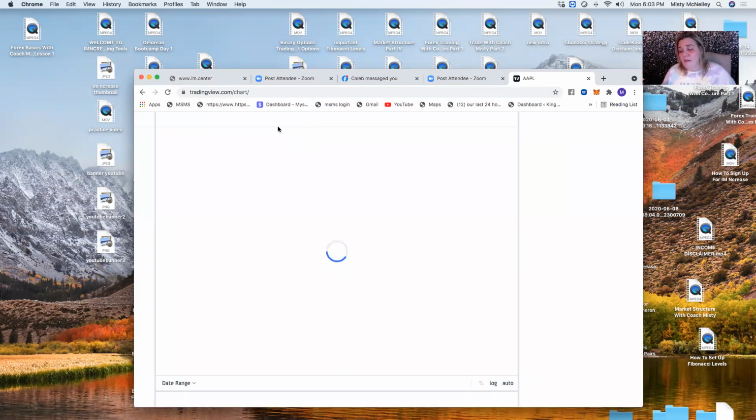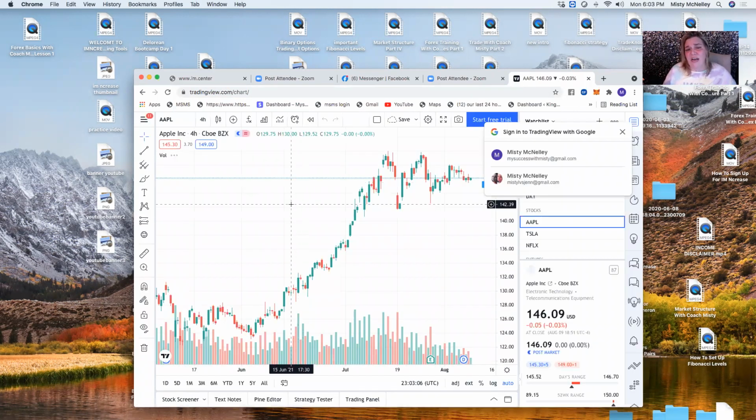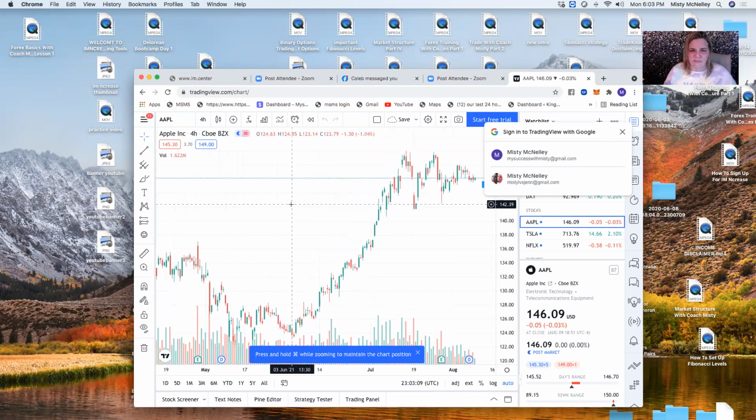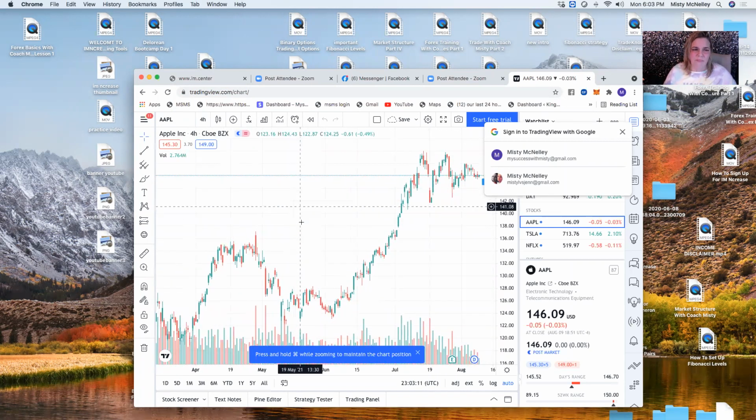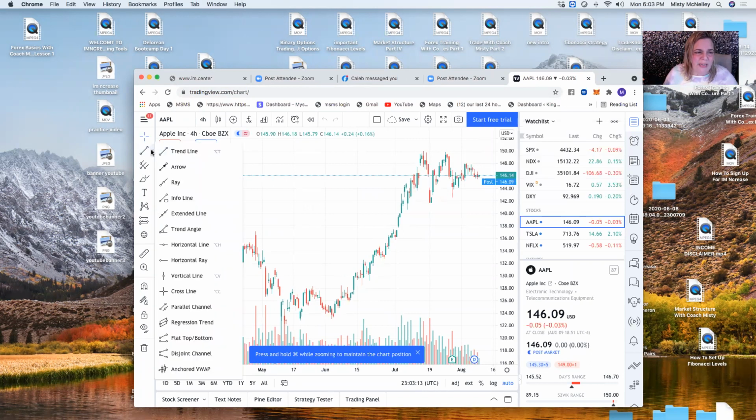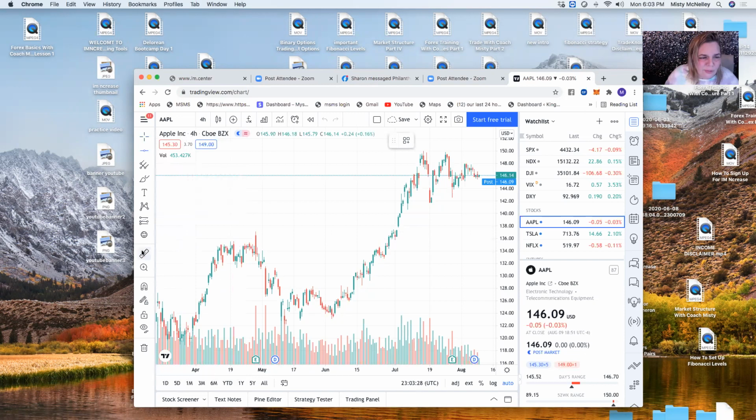Now, I'm doing this on my Mac, and I don't have a right click, okay? So y'all know that I fumble with my Mac. But you guys know support and resistance lines. What is wrong with my brain? Okay.